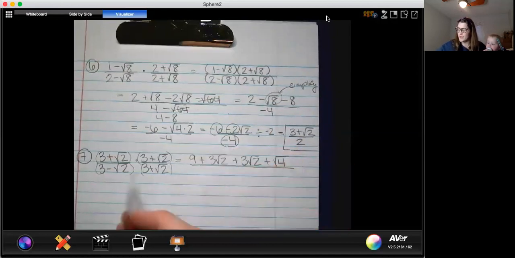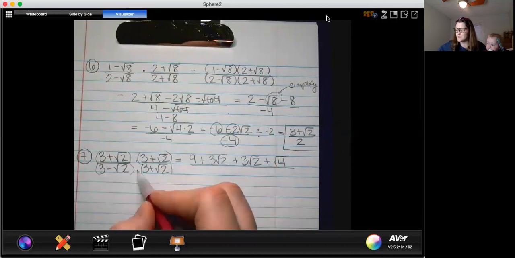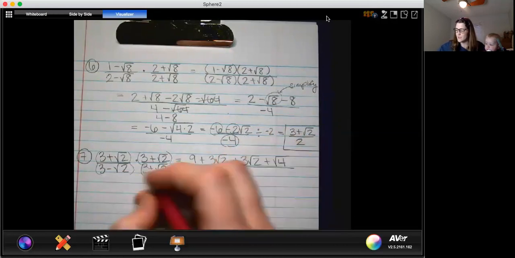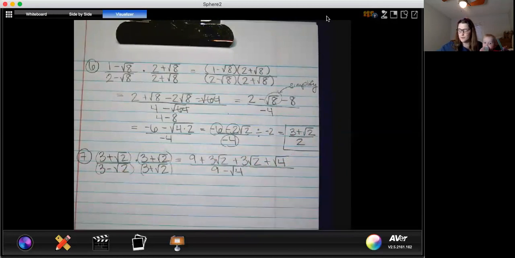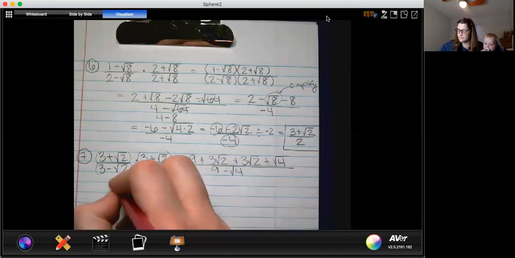Divided by, again, when you're multiplying by a conjugate, we know the middle terms cancel. So 3 times 3 is 9, and then minus the square root of 4. Okay, so our middle terms simplify.